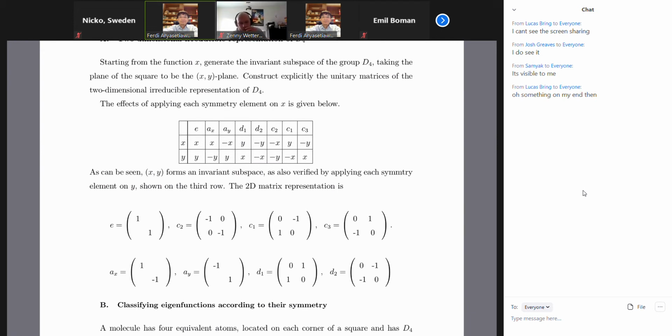So the idea is that if I apply a rotation or symmetry operation on, let's say, the x1.